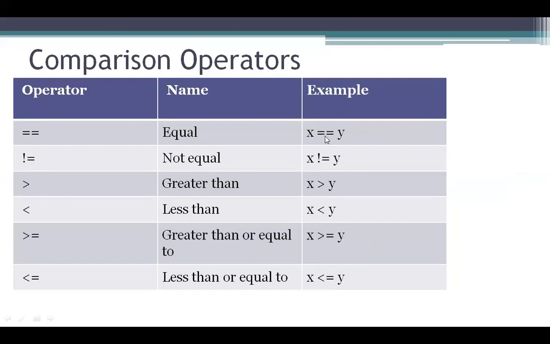It checks whether the value of X is equal to Y. If it is, it returns true, else false. If it is not equal to Y, true; if it is, false. If X is greater than Y, true. If X is less than Y, true. Greater than or equal to, less than or equal to, it depends on the value of X and Y. Depending on that, it compares and provides the result.